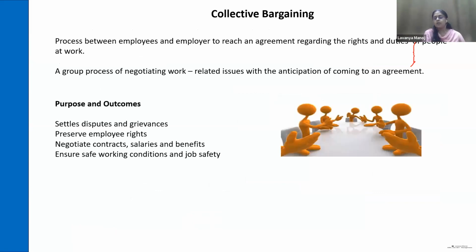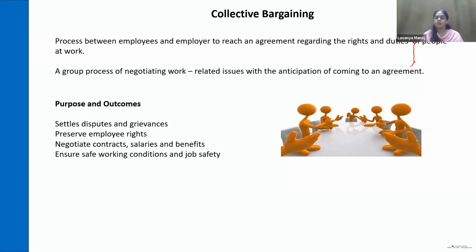This is the main reason why trade unions and other labor welfare associations were created. The purpose and outcomes are to settle disputes and grievances. They preserve employee rights. They negotiate contracts, salaries, and other perks and benefits on behalf of the employees. They ensure safe working conditions and job safety.